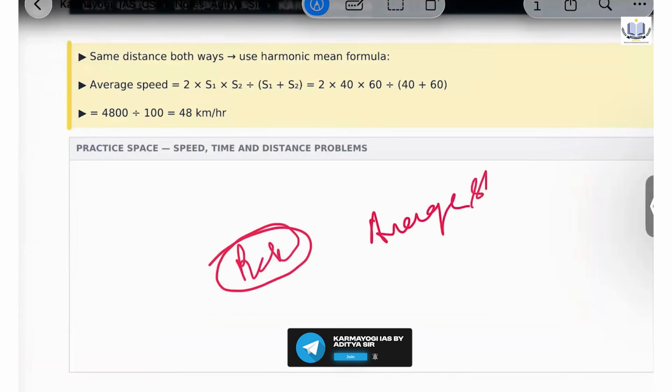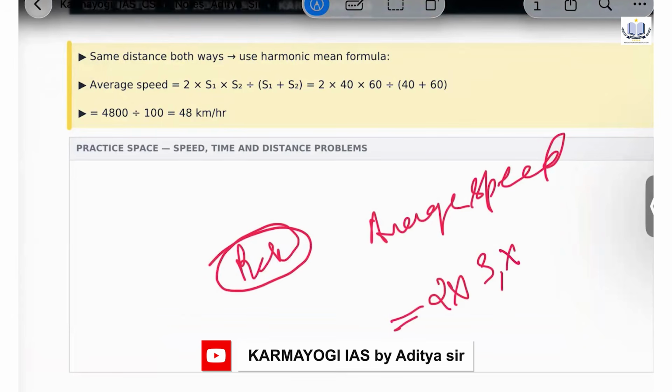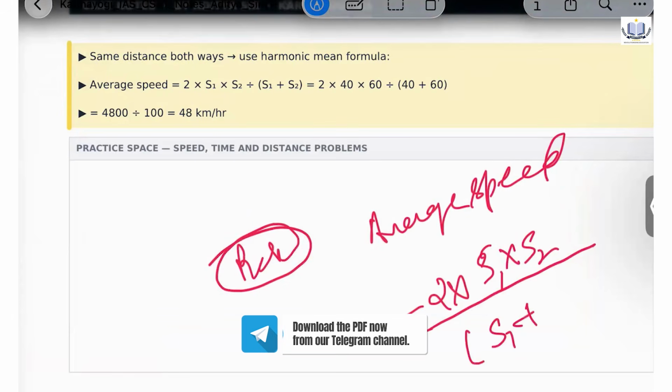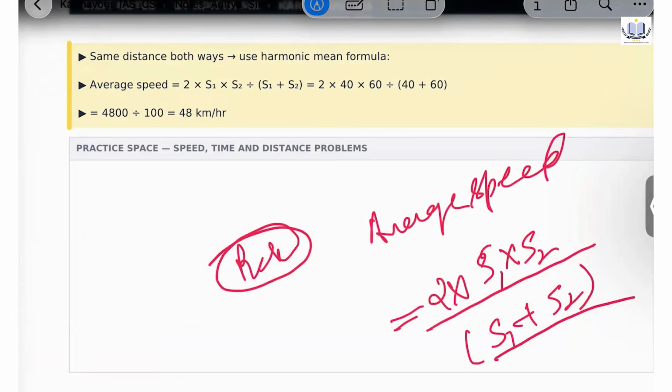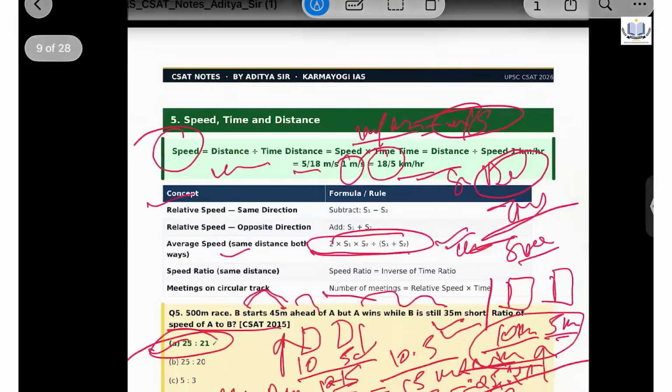Average speed will be 2 into S1 into S2 divided by S1 plus S2. ठीक है. अब इसमें S1 S2 क्या है? Let's see the question again.